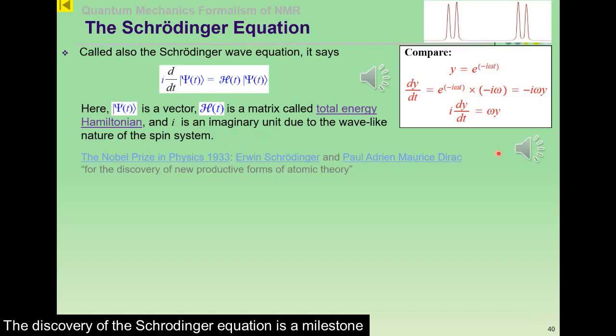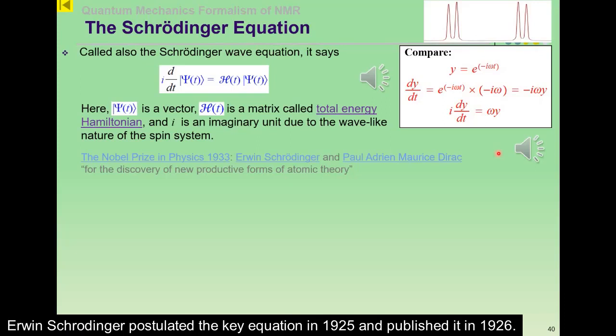The discovery of Schrödinger equation is a milestone in the development of quantum mechanics. Erwin Schrödinger postulated the equation in 1925 and published it in 1926.